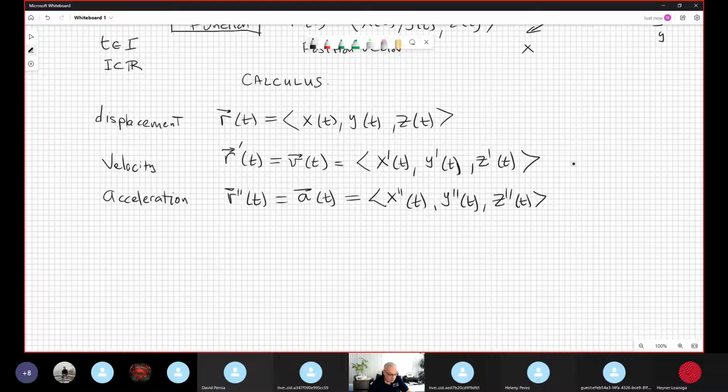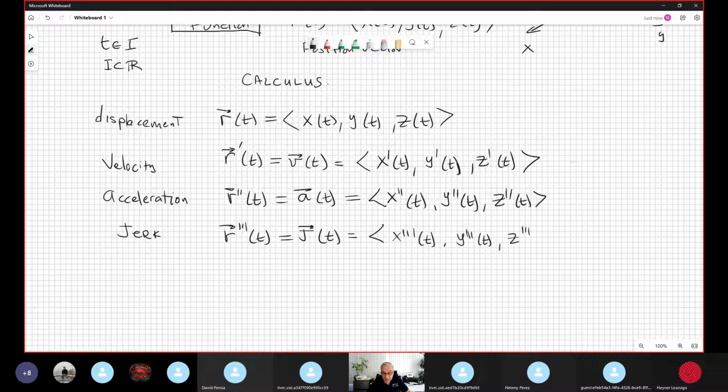In 3D is important, the jerk. What is the jerk? Okay, nobody using jerk in physics. It's the third derivative. The third derivative is the jerk vector. This is important in the equation that we see after that. So it's the same. Third derivative each component. We need to use third derivative in 3D.